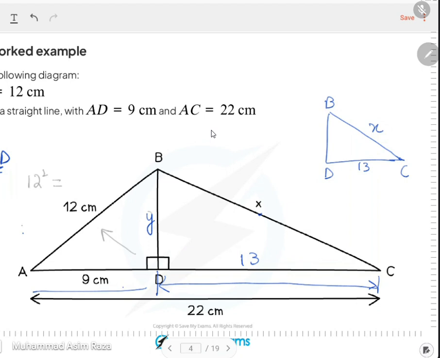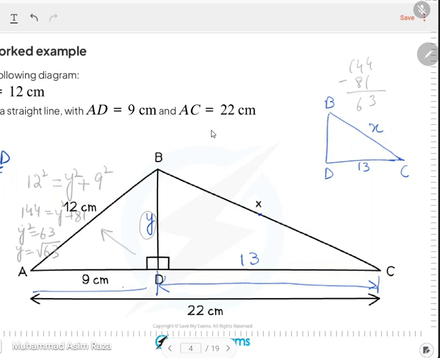So let's say this is opposite, so this is y square plus 9 square. So 144 is equal to y square plus 81. So 144 minus 81 will be equal to 63. So y square will be equal to 63, and y will be equal to root of 63.